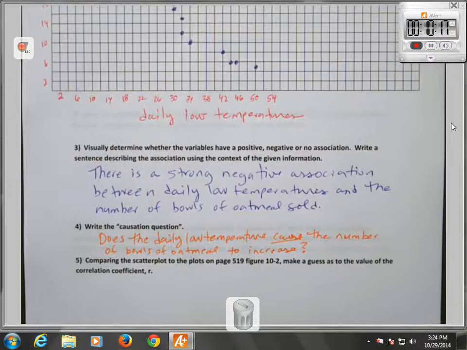Okay, simple sentence there. Asking, does the daily low temperature cause the number of bowls of oatmeal to increase?